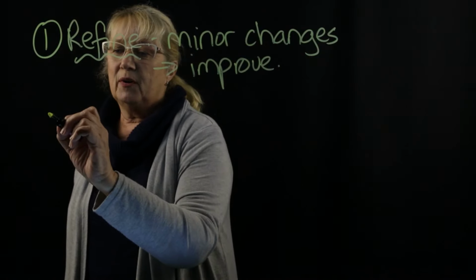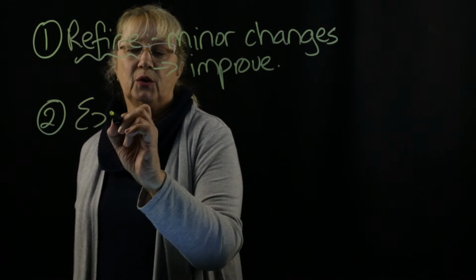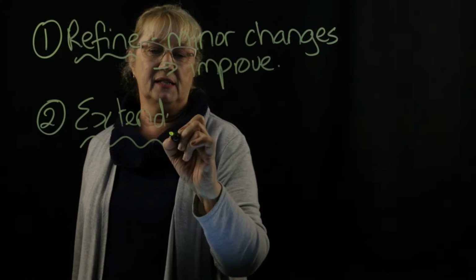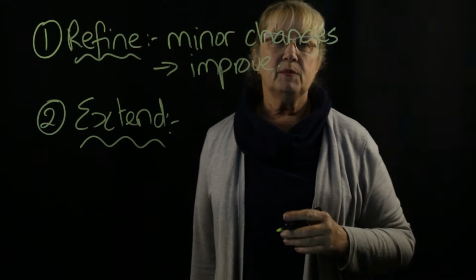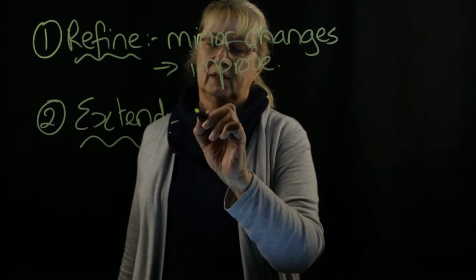The second type of change you can make is an extension. You can extend the prac that you did in class. Extending means to cause to cover a wider range of values.